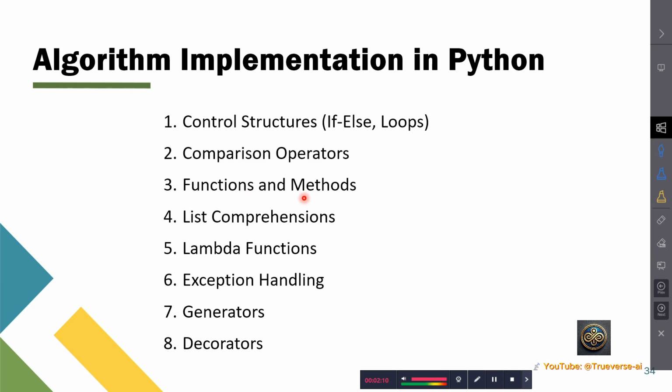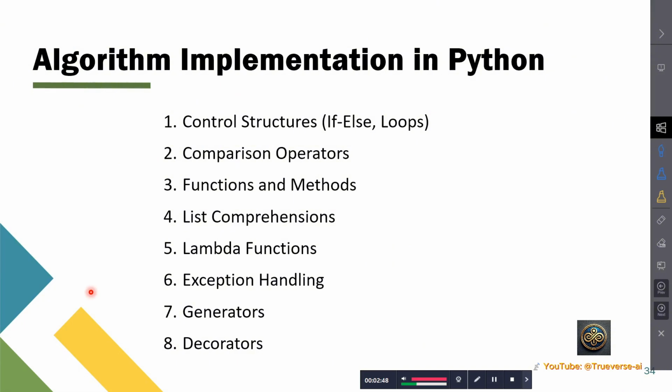Function and methods are the same in a sense. A function is a reusable block of code, and a function that belongs to an object is a method, but it's the same story. And list comprehensions, we will see the concise way to create a list.